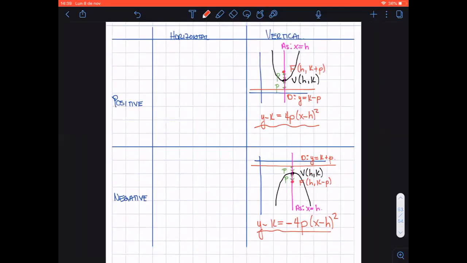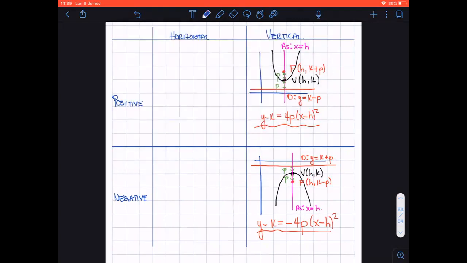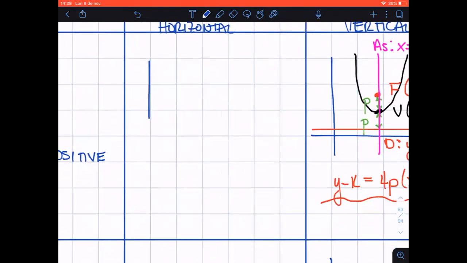Let's stop it here for a little bit. Okay, let's continue. Now let's see the case of a horizontal positive. Let's draw again the coordinate plane.